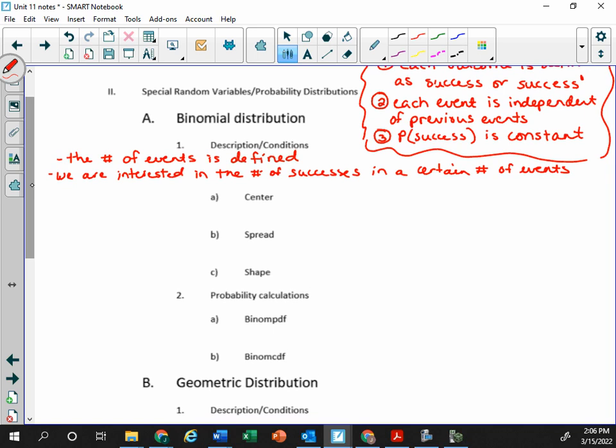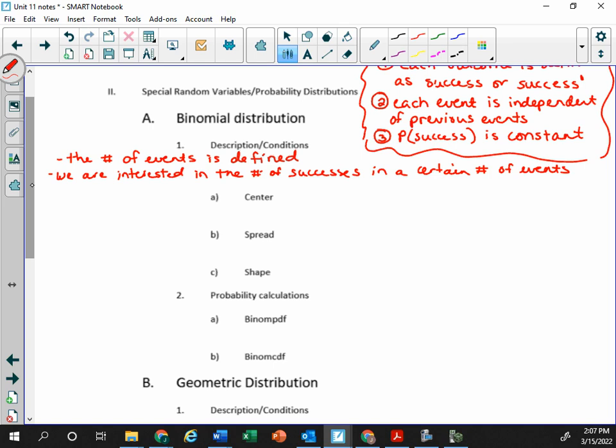That's all part of the description. This is what a binomial distribution question will look like. It'll be something like, we want to know the probability of 4 tails out of 10 flips of a coin.